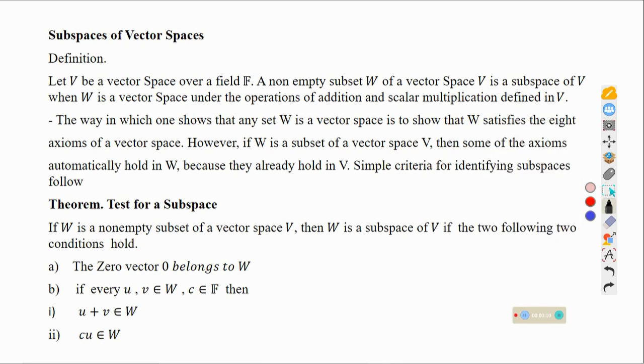And basically, we shall talk about subspaces.